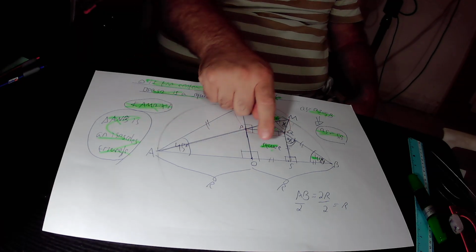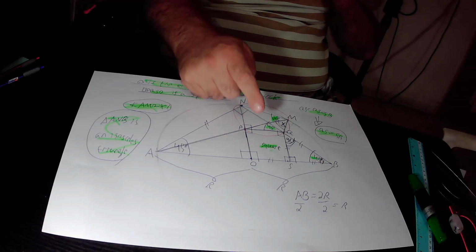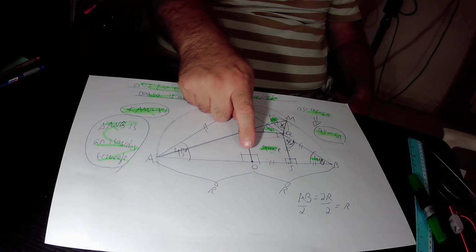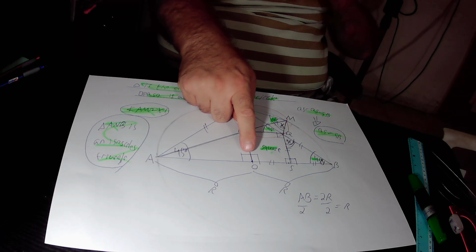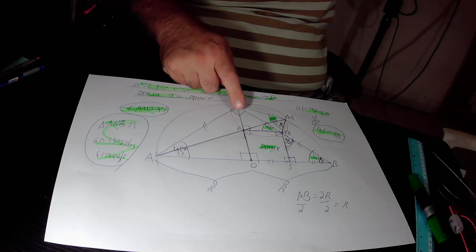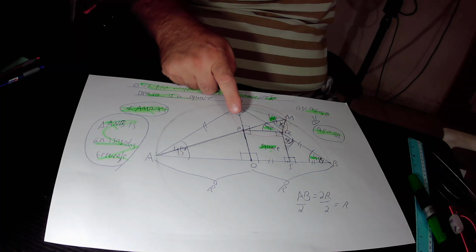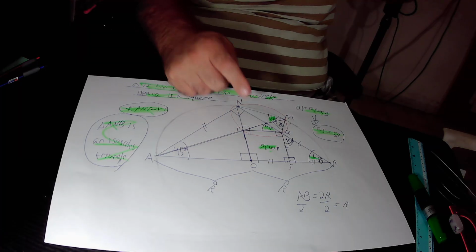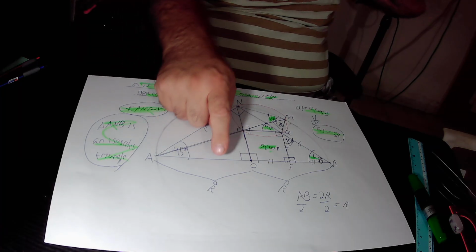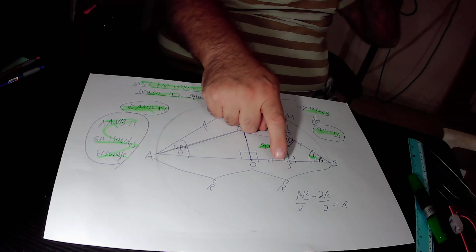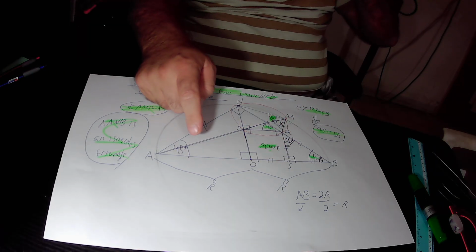And the center of this semicircle is at point O. Therefore, the midpoint of AB is at point O. So the perpendicular from point N will touch the base AB at point O, that is the center of this semicircle. So AO equals R, that is the first half, and OB also equals R, that is the second half of the base AB.